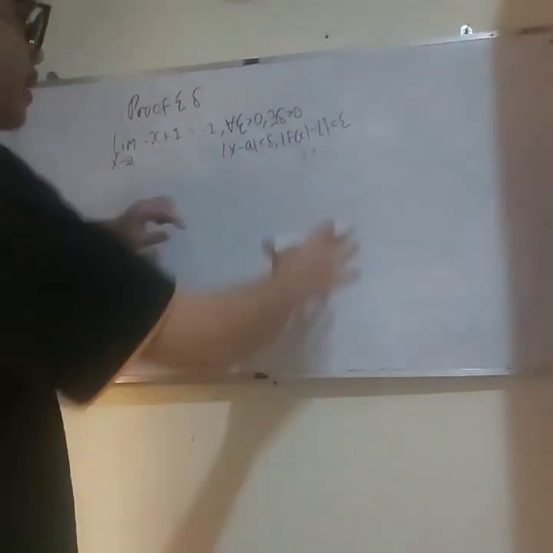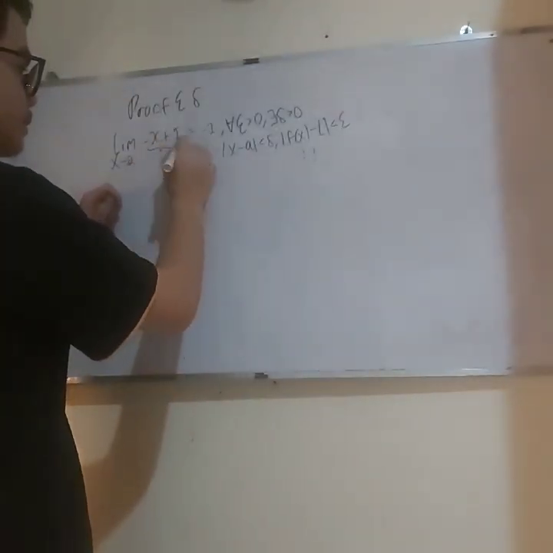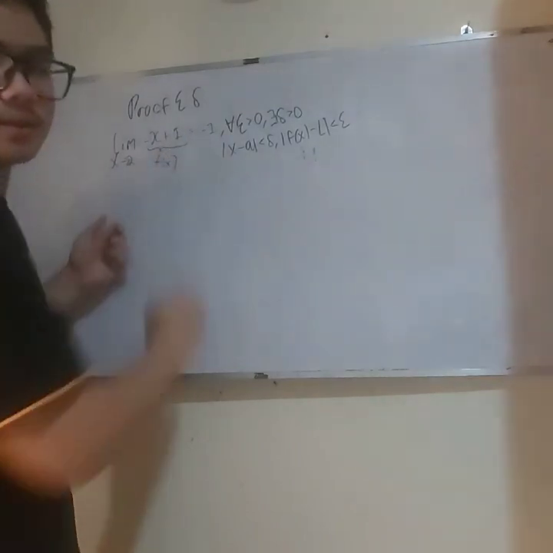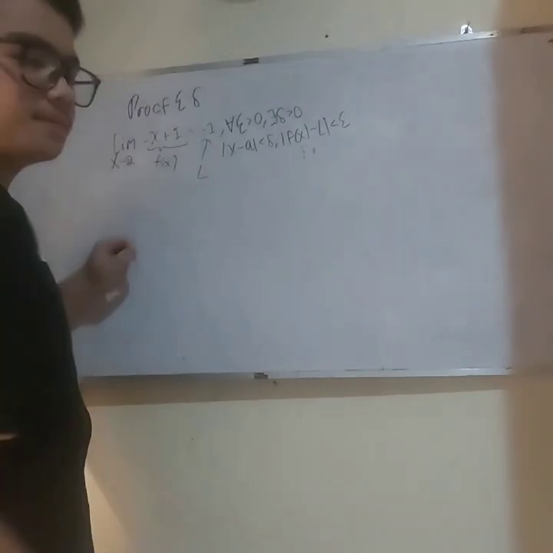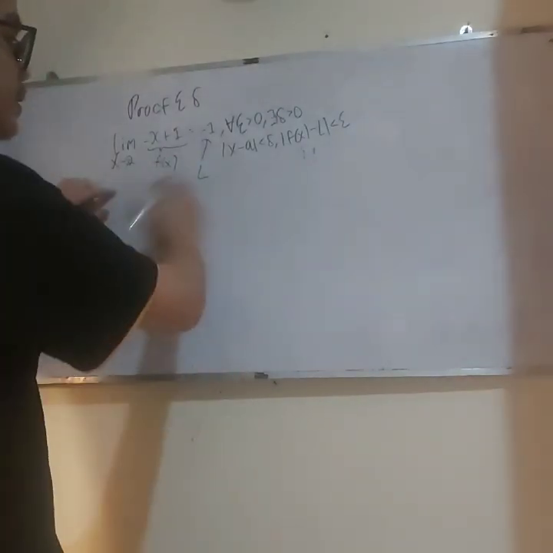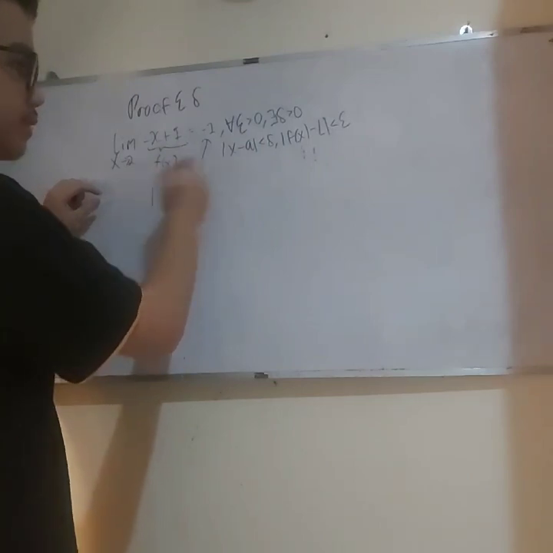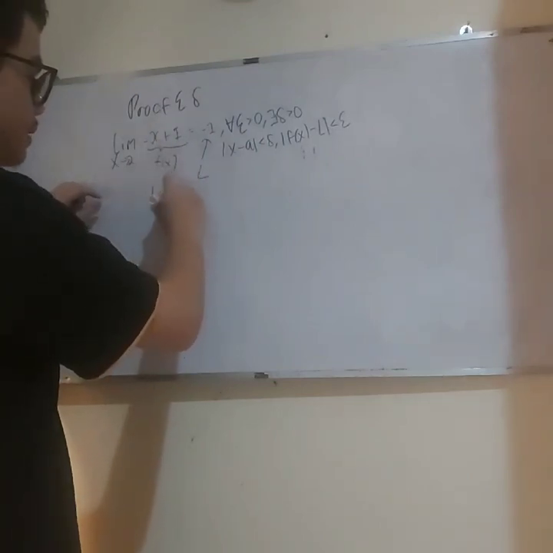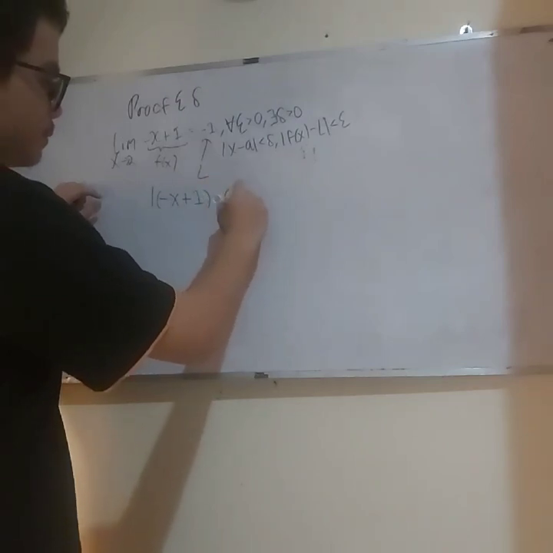Okay, we know that this thing here is the function f of x, while this thing here is the L. Okay, now we have to prove it. So we have the absolute value of minus x plus 1 minus minus 1.